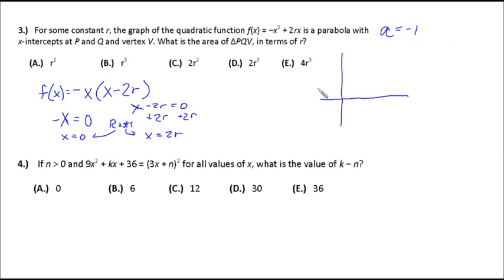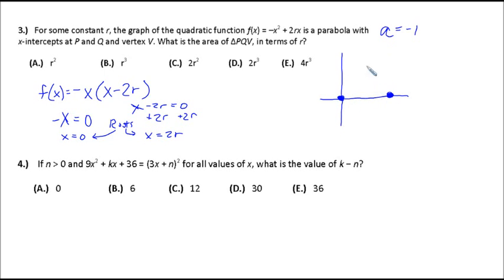So let's draw a sketch of this. We have an intercept here at 0, 0. We have another intercept, assuming that r is positive, and it opens in this direction. If r were a negative number, then of course it would open the other direction, but it really wouldn't matter.